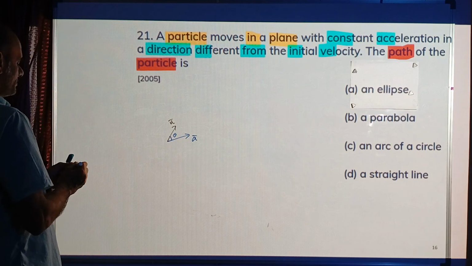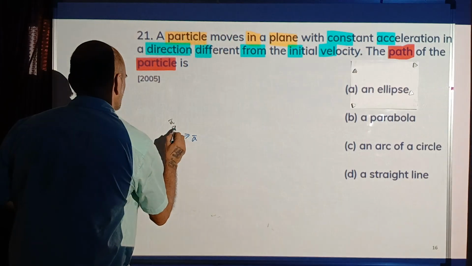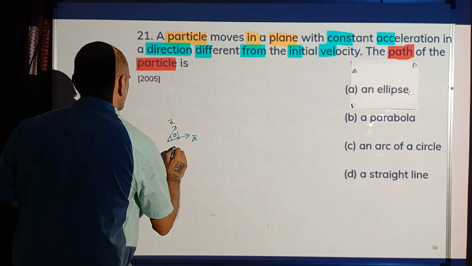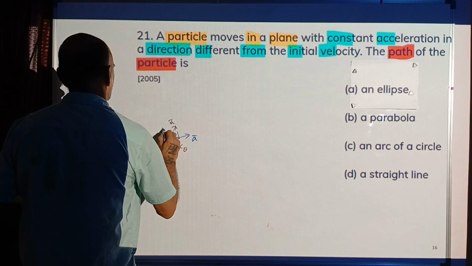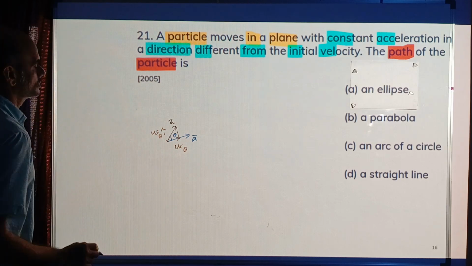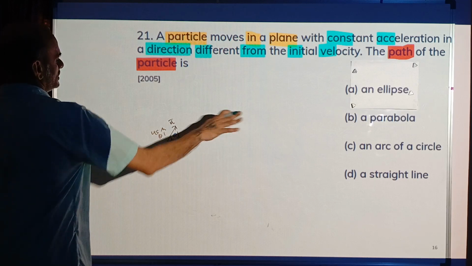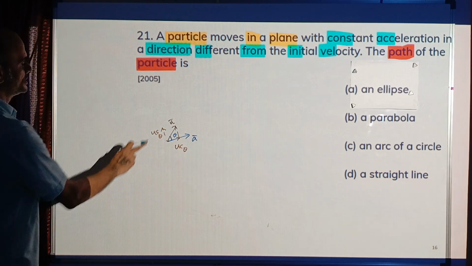So u will have two components, u cos theta along the direction of acceleration, u sin theta in the perpendicular direction. This u sin theta will not change. It will remain constant because acceleration is only in this direction. So in the perpendicular direction, there is no force to change this u sin theta.